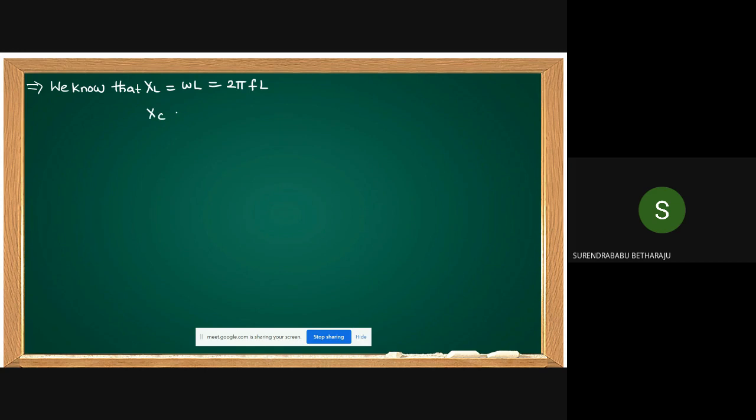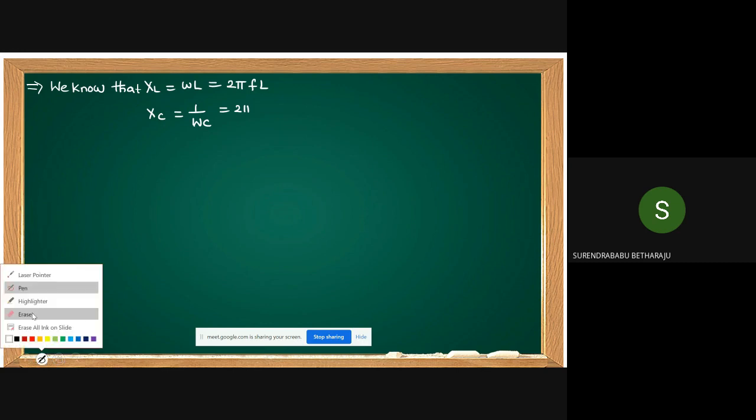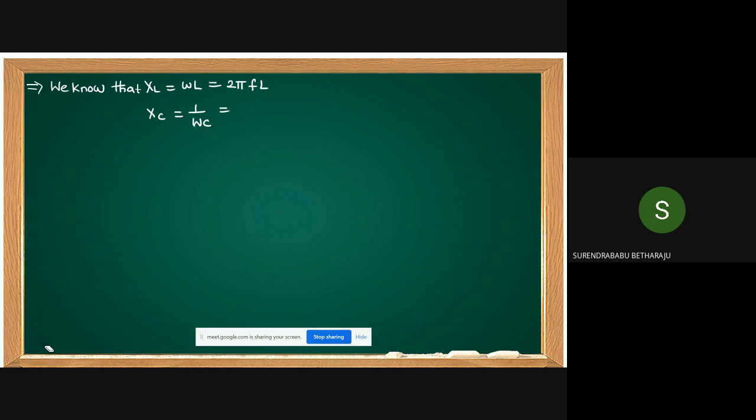XC equals 1 by omega C, that equals 1 by 2 pi FC. Z equals square root of R square plus omega L minus 1 by omega C whole square. And I equals V by Z.